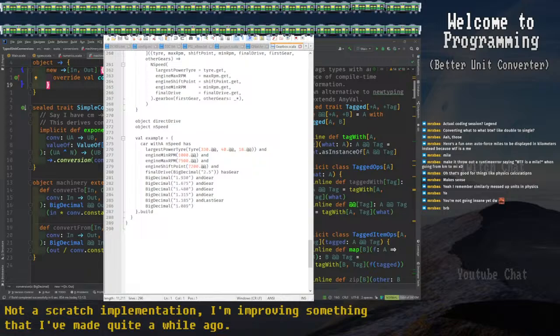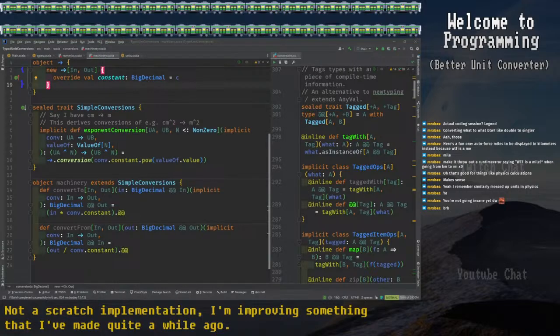And then I can essentially make myself a car gearbox builder, and make it look like I'm writing in English. This is probably one of the nicest parts of Scala, being able to just do stuff like this. This is what I'm essentially doing: I'm making a language, a unit conversion embedded language.